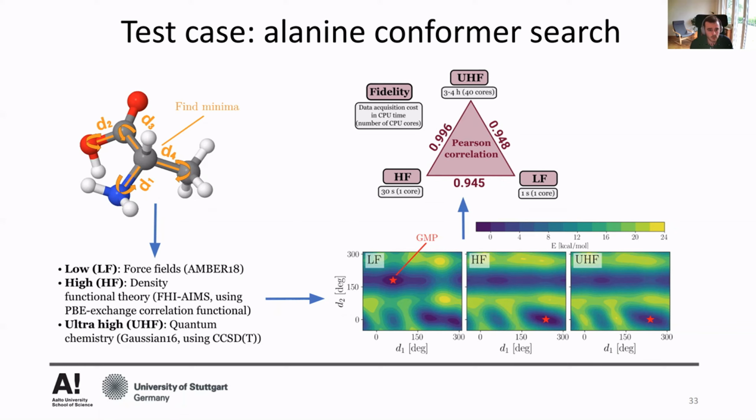So there's a huge difference between these fidelity levels. We want to infer the global minimum at this ultra high fidelity accuracy, but of course using the least amount of samples possible from that simulator, since it's so much more expensive than these other two simulators.